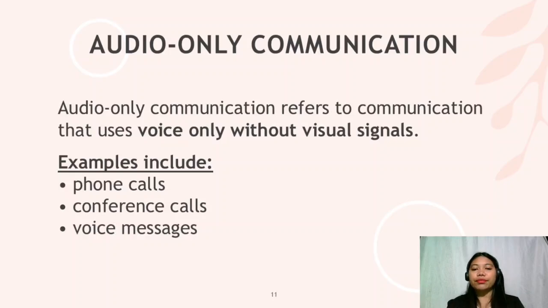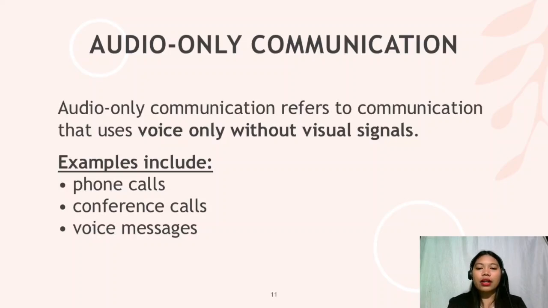For example, when giving instructions through a phone call, the speaker must speak clearly so the listener understands the message correctly.